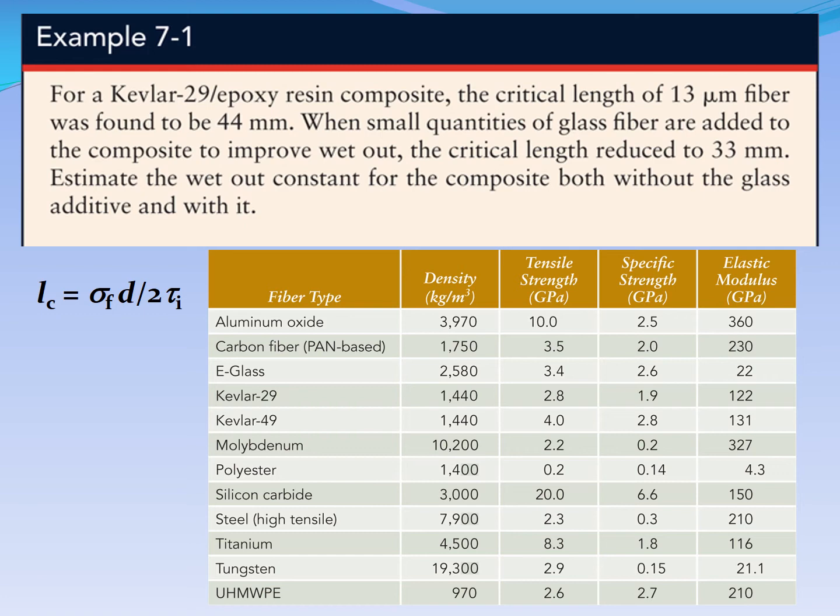So we have added some glass, but to strength it is not contributing. So strength wise, it is still only Kevlar 29, but the critical length has changed. So you apply the same equation. This does not change, this does not change, the critical length changes, and you can find this again, right? So this is it.